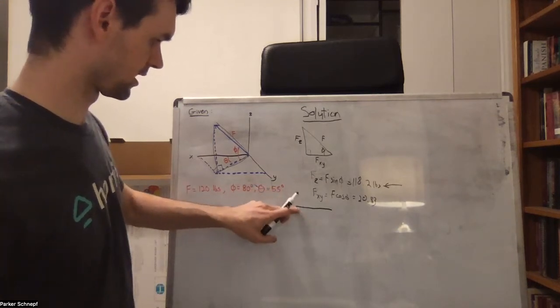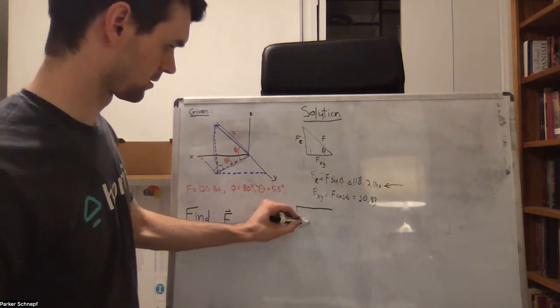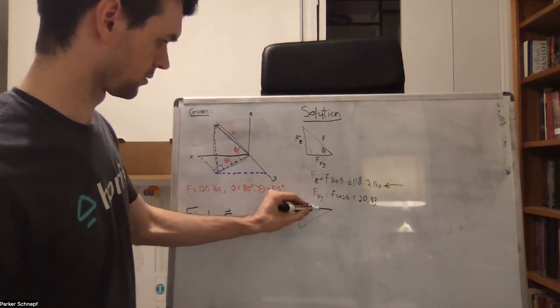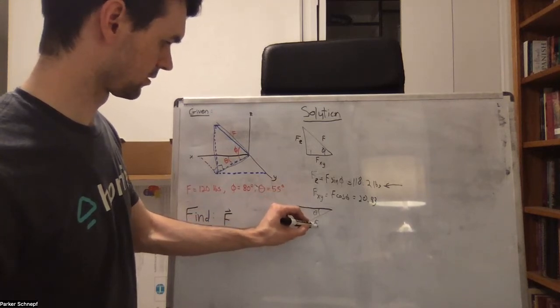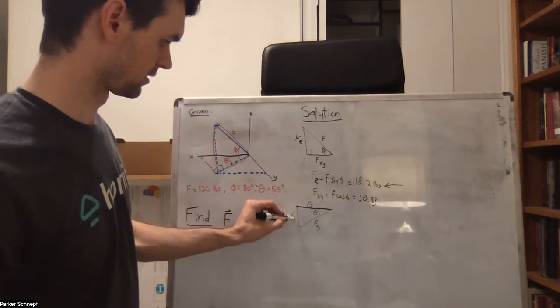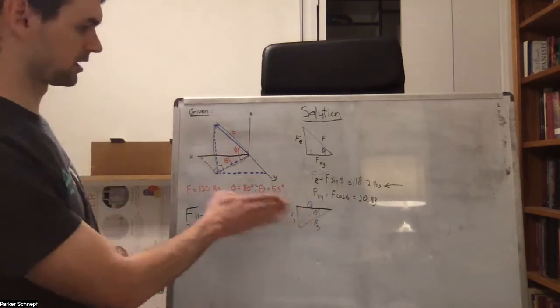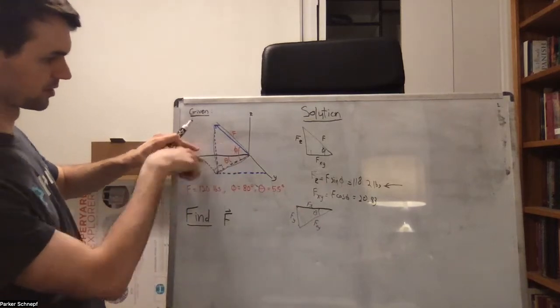Let me try to draw it flat for you. This is theta, this is Fxy, this is Fx, this is Fy. I'm just trying to draw this triangle that's drawn in three-dimensional space.